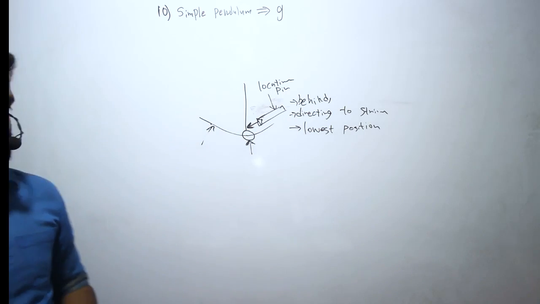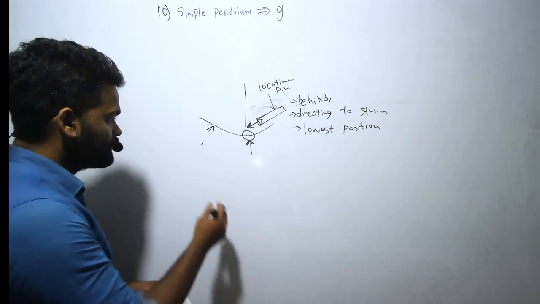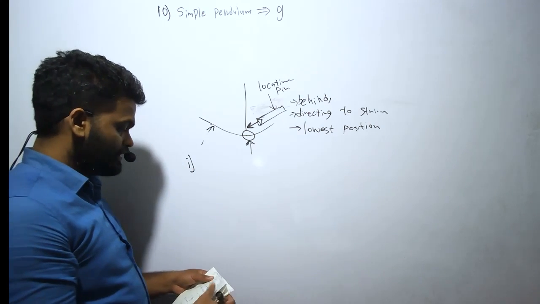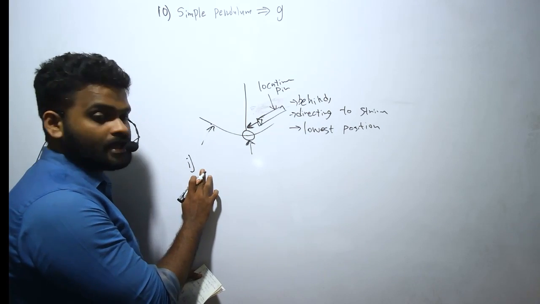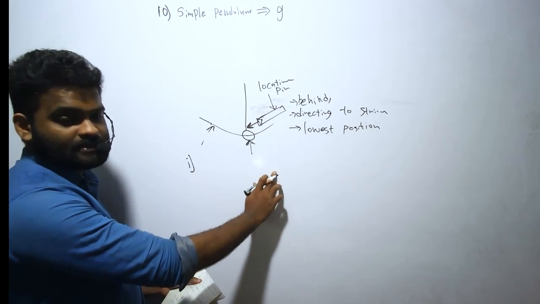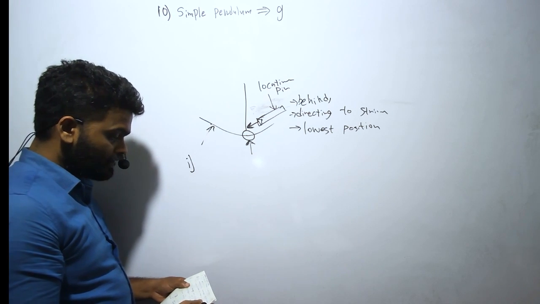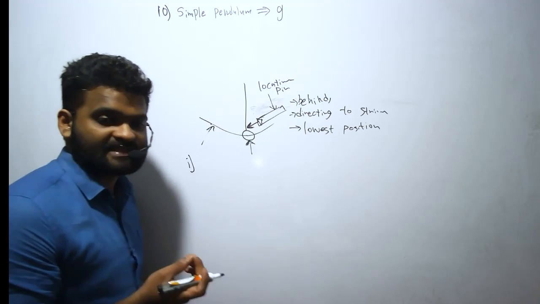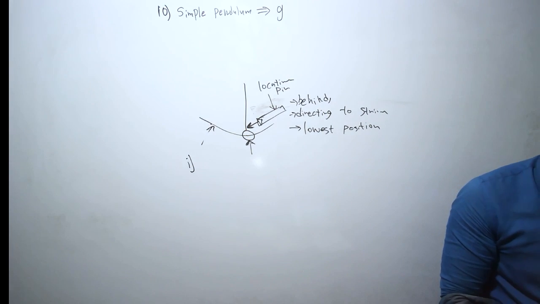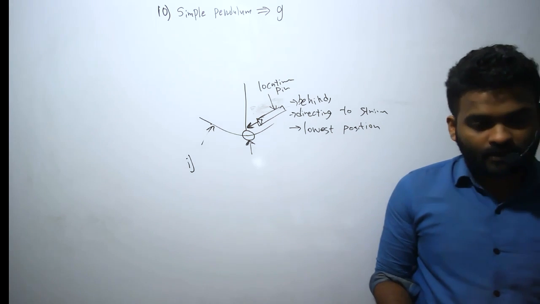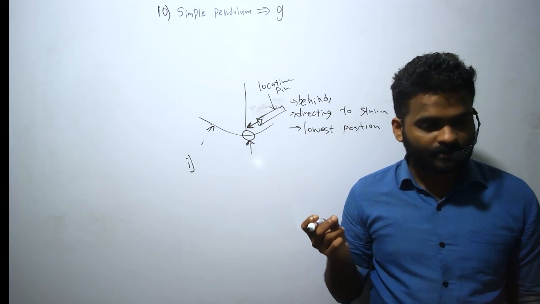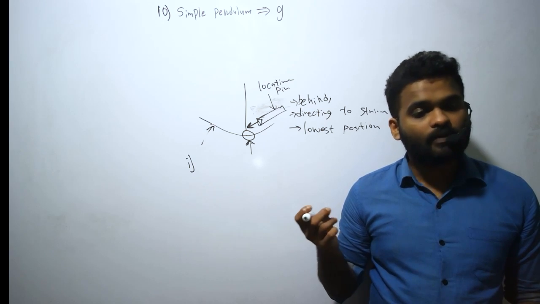So there are mainly two reasons for that. First one, you may have heard this one, right? Write down: maximum speed of pendulum is at the lowest point.